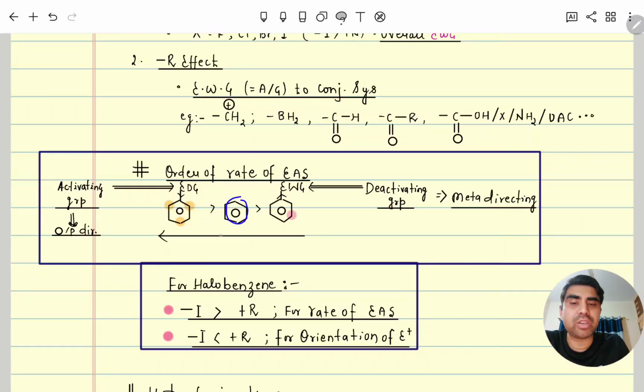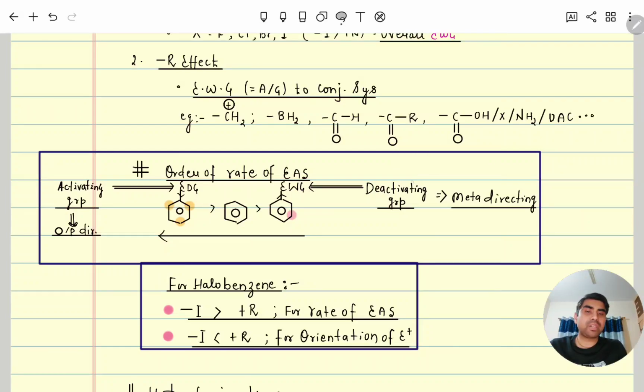Whereas this benzene ring is connected to an electron withdrawing group, so the electron withdrawing group will withdraw electron density from ortho and para. As they withdraw electrons from ortho and para, the electron density at meta will be at least like normal benzene. So the electrophile will come at meta.